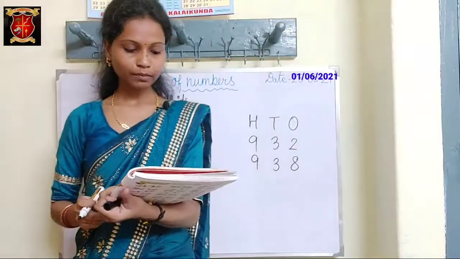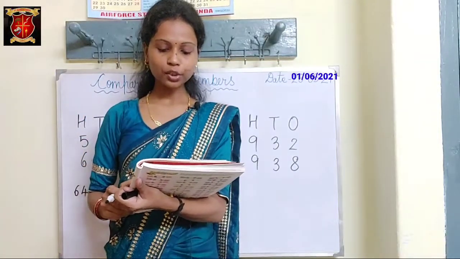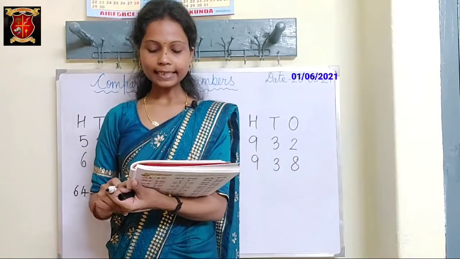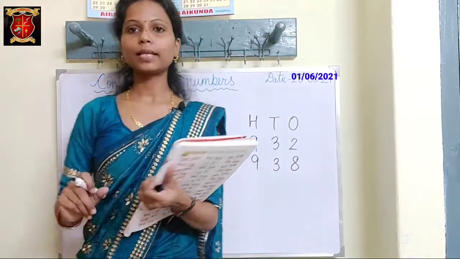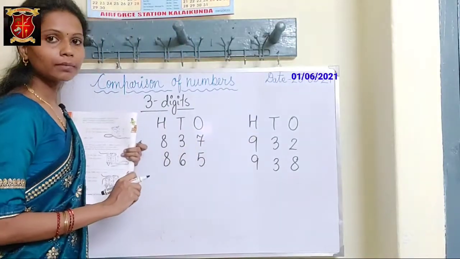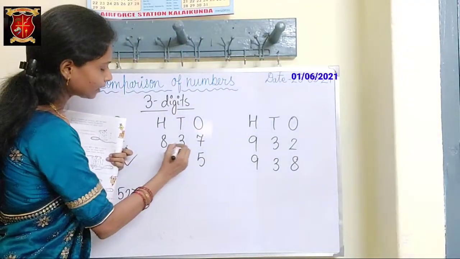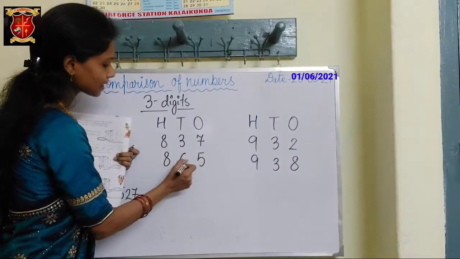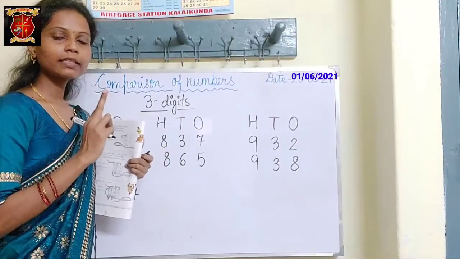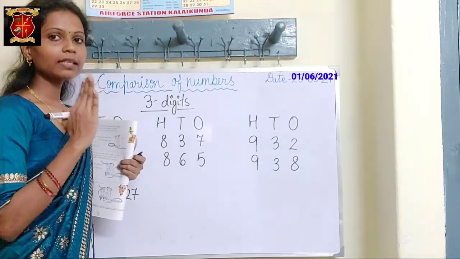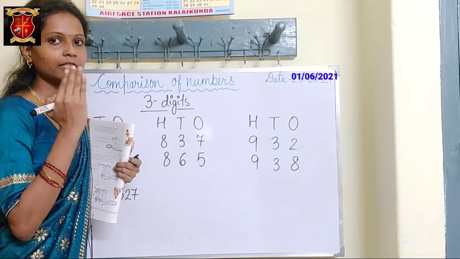Keep your finger. Which of the two numbers 837 or 865 is greater? So how many numbers? Two numbers. 837, 865. So what I have told you, in a 3 digit number first we will see the number that is in hundreds place.